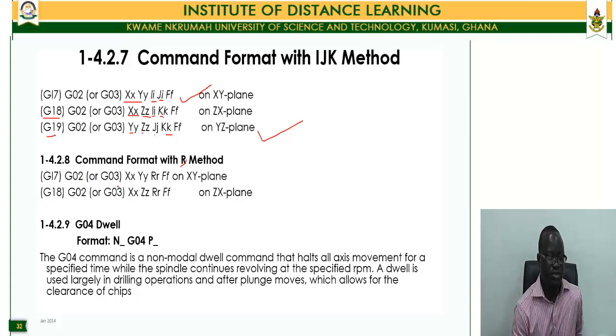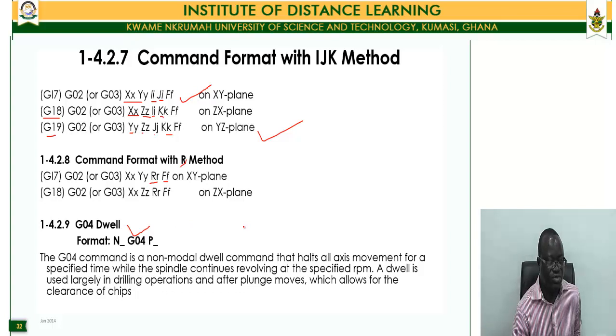Now, let me talk about the next command, which is dwell. The dwell command is a non-modal command that halts all the axis movement for a specified time. Let's say we want the tool to dwell for 2 seconds. It is a very important command.